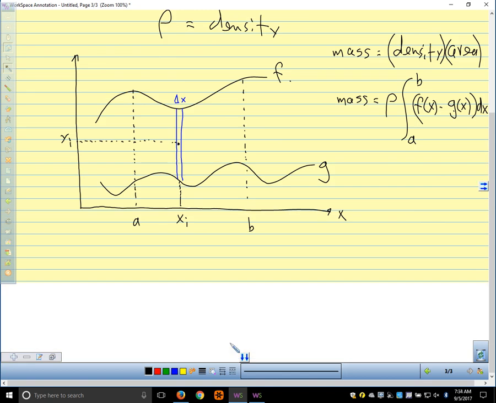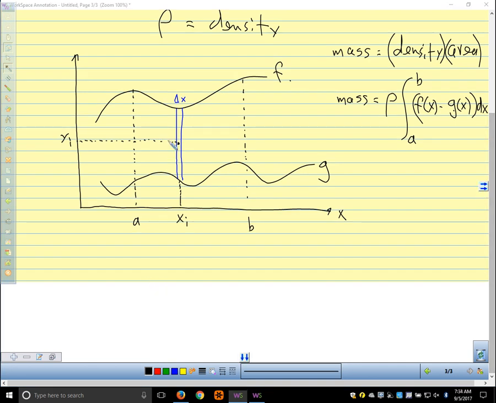All right. Let's find our moments. So this f of x minus g of x gives us the height of this rectangle, right? Can we agree on that? The dx gives us the width. I'm going to call this point here x sub i, y sub i.